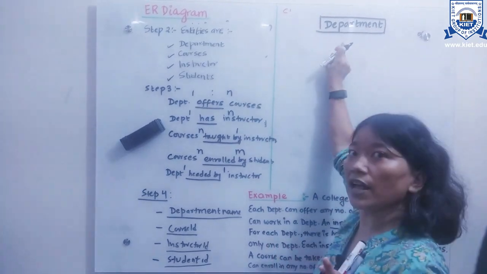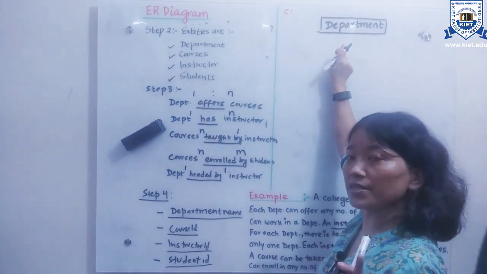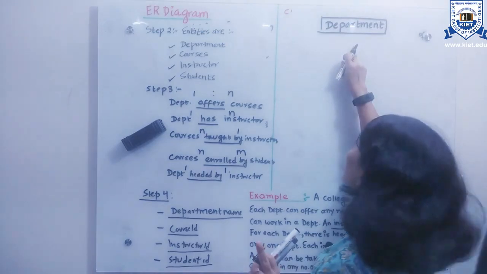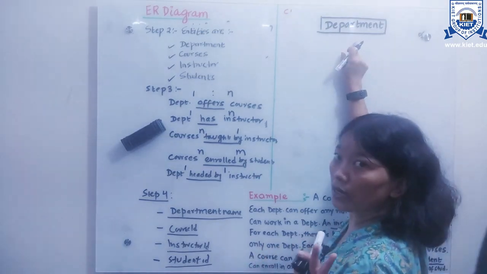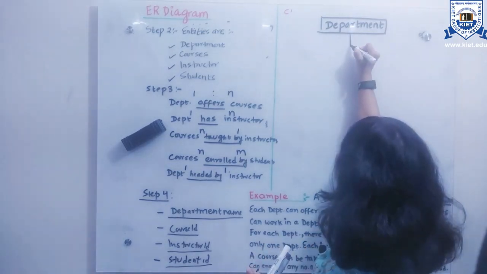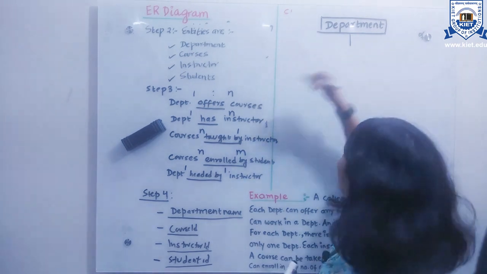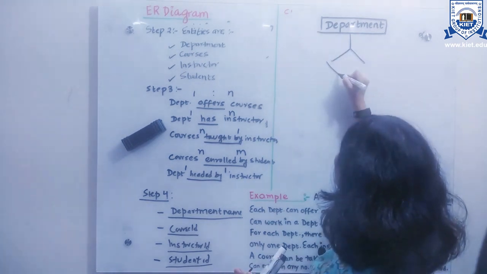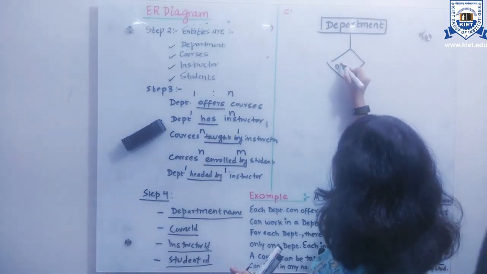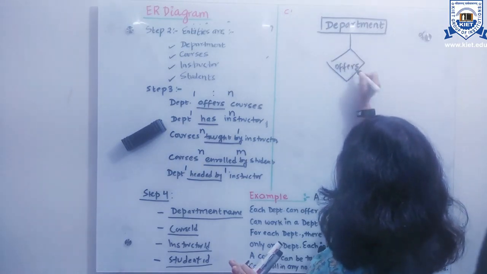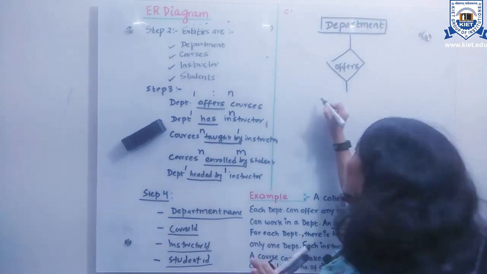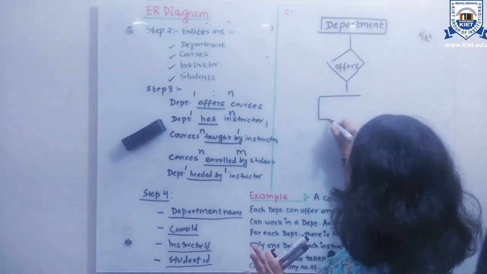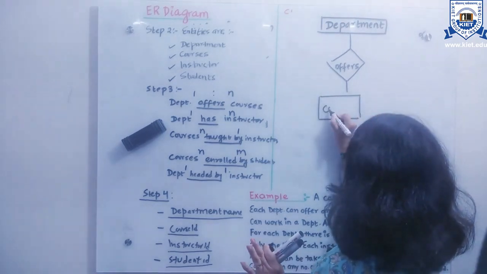Obviously, as you can see, department is an entity, so we mention it in a rectangle box. Then I already told you department offers courses, so there should be a relationship offers, as courses are basically the entity. So department offers courses.